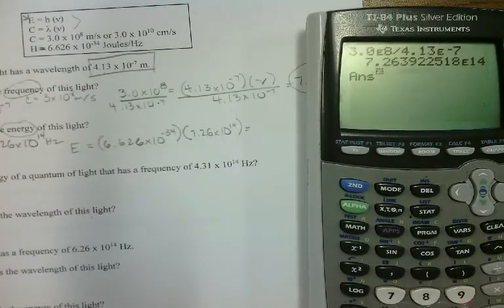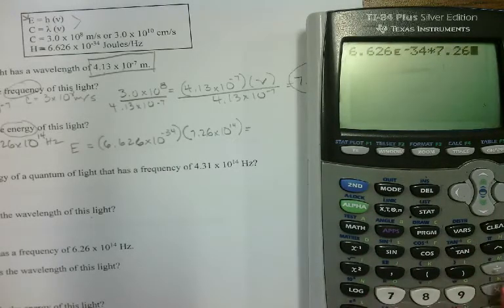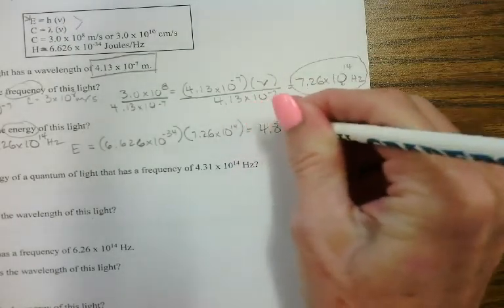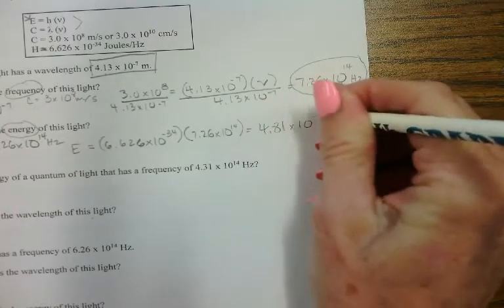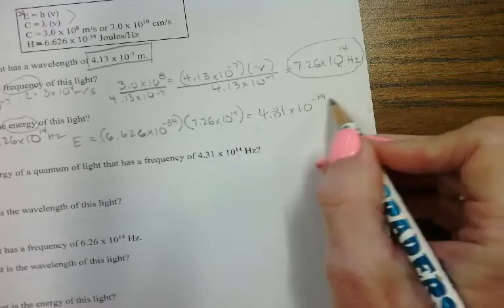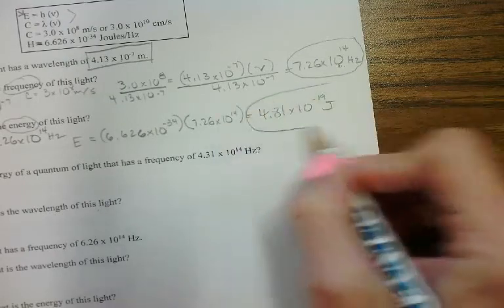Let's see, 6.626 times 10 to the minus 34th times 7.26 times 10 to the 14th. Bam! 4.81 times 10 to the minus 19th. My formula. There it is. And it's joules. Sorry, I didn't put a unit. There's my answer.